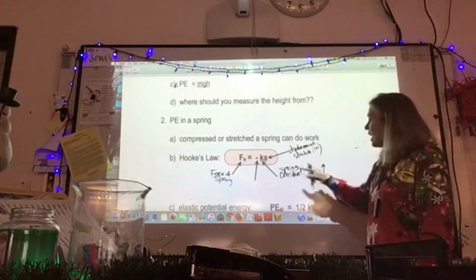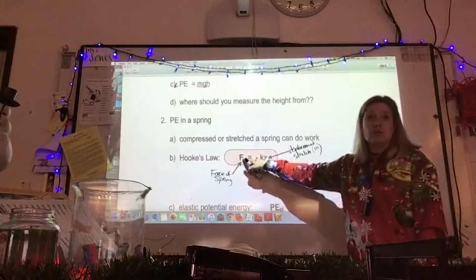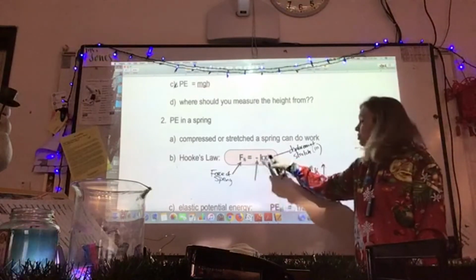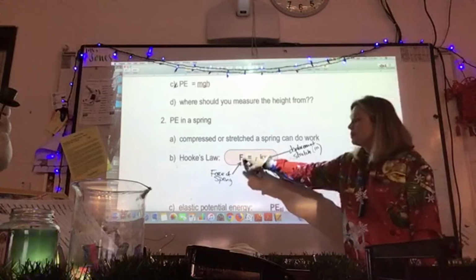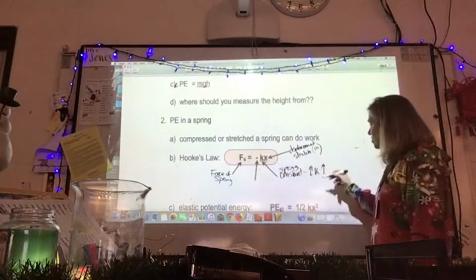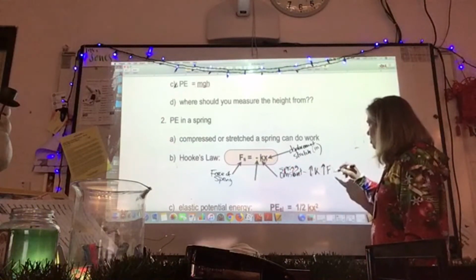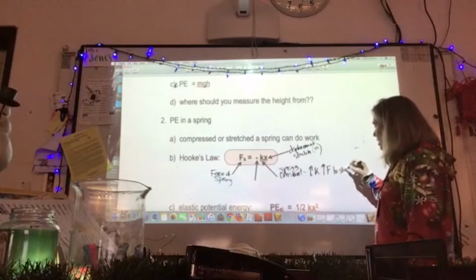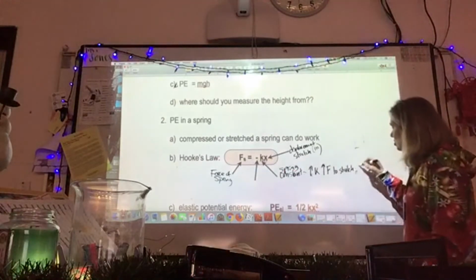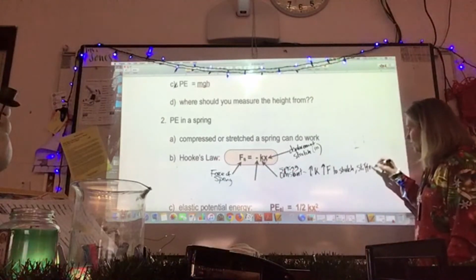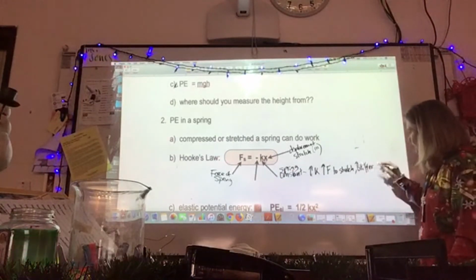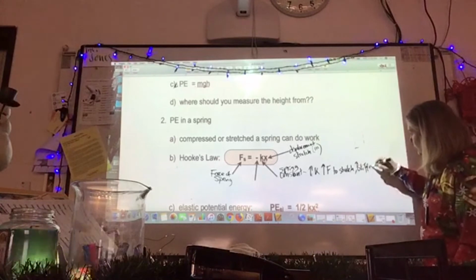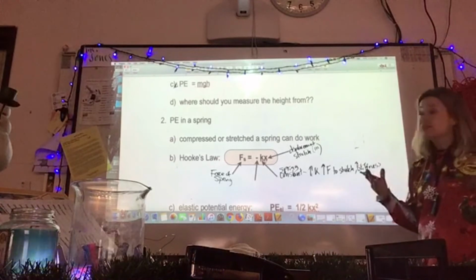The higher the K, the more force to do the same stretch. So if you stretch it a certain amount, the bigger this K is, the more force. So the higher the K, the greater the force to stretch, and that really means the stiffer the spring. The greater the stiffness. Okay. Can you get that?